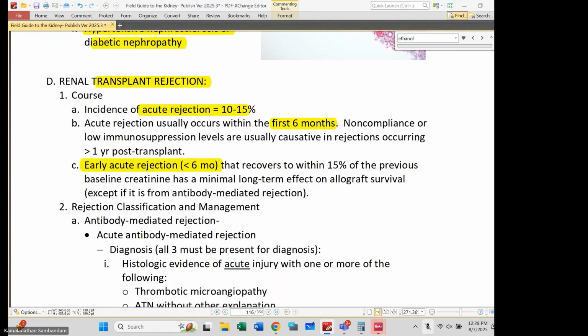Early acute rejections that occur but are reversed quite nicely, reversed meaning my creatinine comes within 15% of the previous level, seem to have less impact on long-term allograft survival.